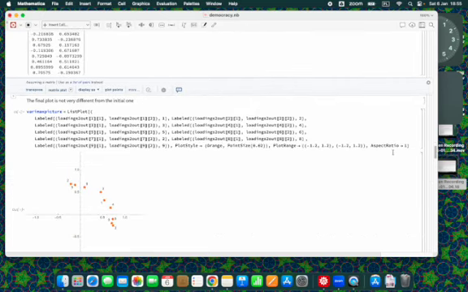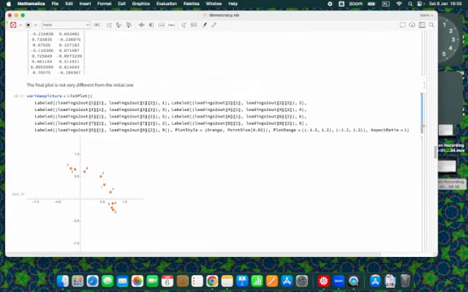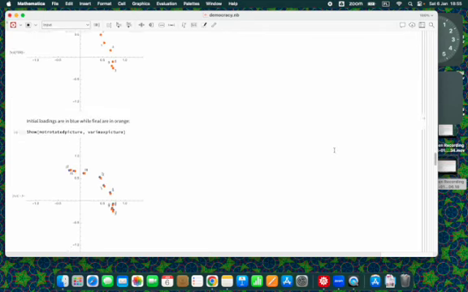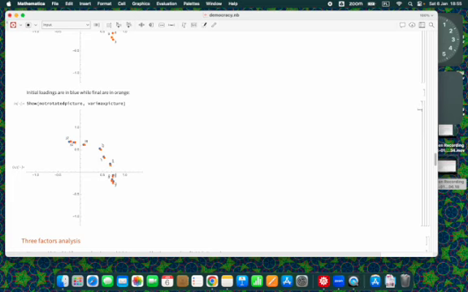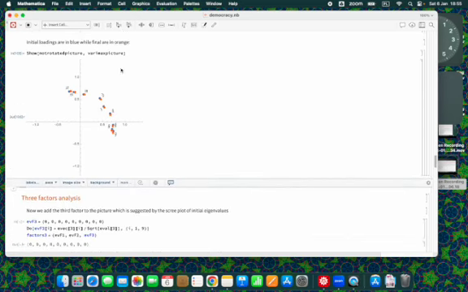And now we can also look at the plot. This is the final plot, and here there is a comparison of loadings before rotation, blue one, and loadings after rotation, orange one. And you see that the difference is really very, very small. So almost nothing happened after factor analysis here.